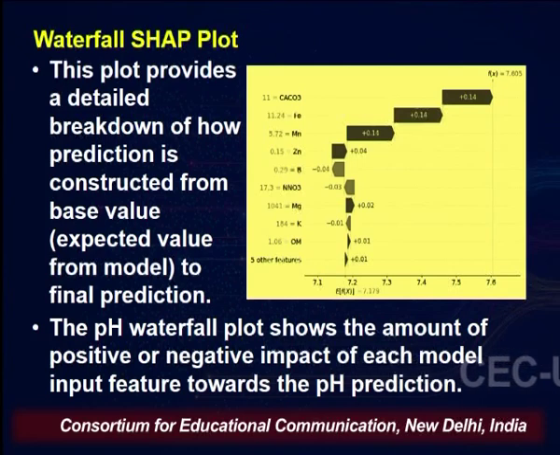So it is the journey of the sample specific prediction value, from the expected, average model behavior to the sample specific prediction. And finally, each feature contributes to the outcome of the model, the prediction of the model. So this is your waterfall model.